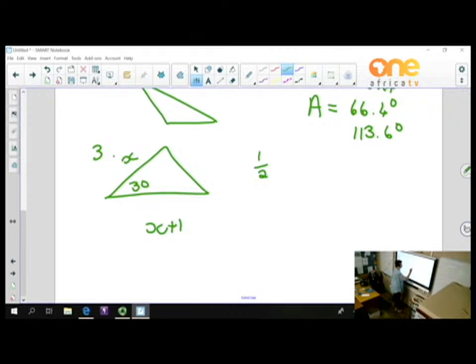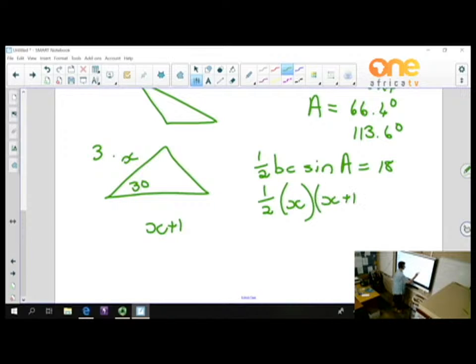So again, half BC sine A, and in this case it is 18 square centimeters. So a half, just going to work with algebra, x plus 1 sine 30 degrees is equal to 18. Okay, we need to find x now.